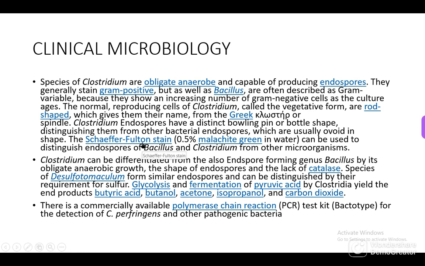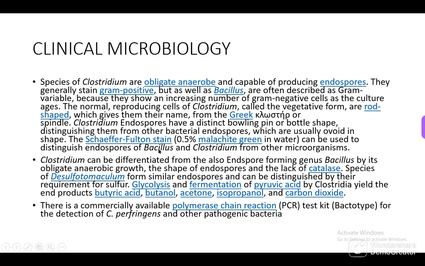The Schaeffer-Fulton stain is the specific stain. 0.5% malachite green in water can be used to distinguish between Bacillus anthracis and the Clostridium forms from the other organisms. This is the distinguishing stain. Both are gram-positive, but with the dye used in the Schaeffer-Fulton stain, the Clostridium will be stained, but Bacillus will not stain.